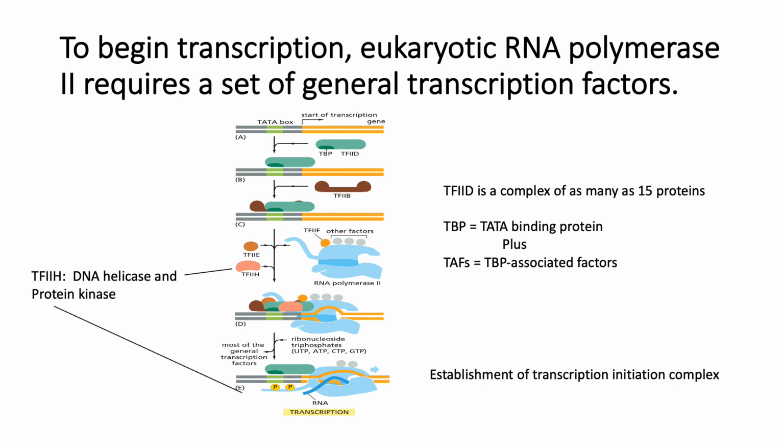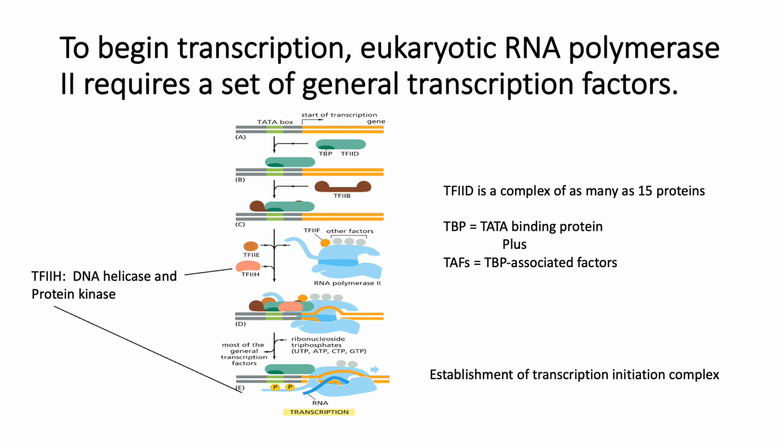So then TF2B binds to this site. Then you have other proteins called TF2A, but it's not actually showing TF2A. But what it is showing is below, so you have A, B, C. If you look at C to D, you have the binding of TF2E, TF2H, all these other factors.